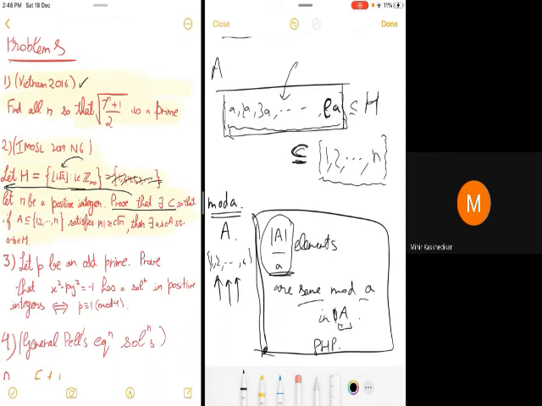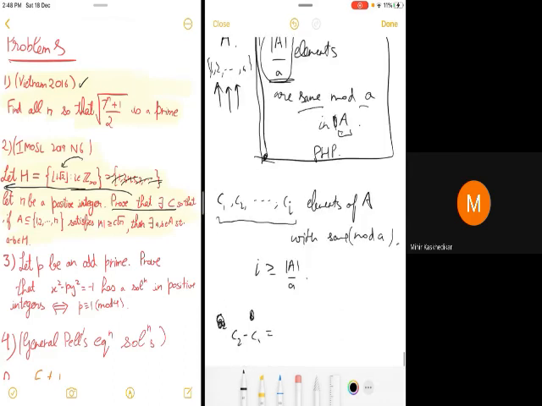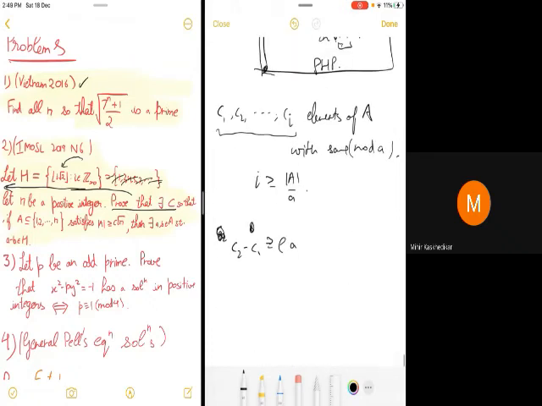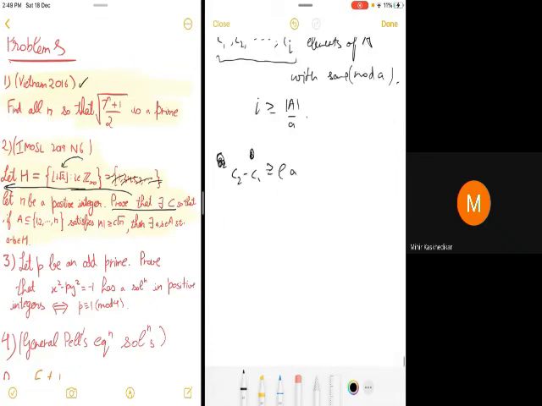because this is a subset of H. So it is greater equal L times A. Yeah. Then C3 minus C2 is greater equal LA, all the way up to CI minus CI minus 1.